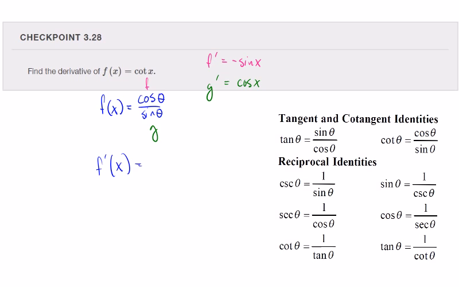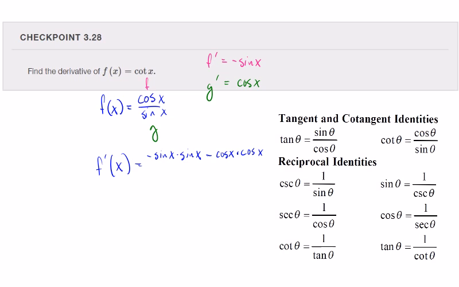So our derivative using the quotient rule is going to be f prime, negative sine x, and I don't know why I put theta here, but it should be x. And sometimes you might see d theta. You might take a derivative in terms of theta, but all right. And so this is f prime g minus f, which is regular cosine, times g prime, which is cosine, right? Times regular f, which is also cosine.